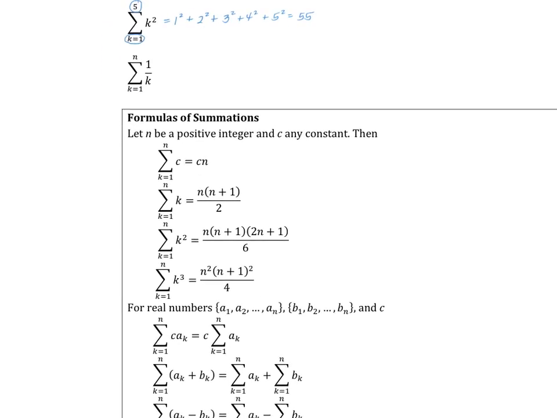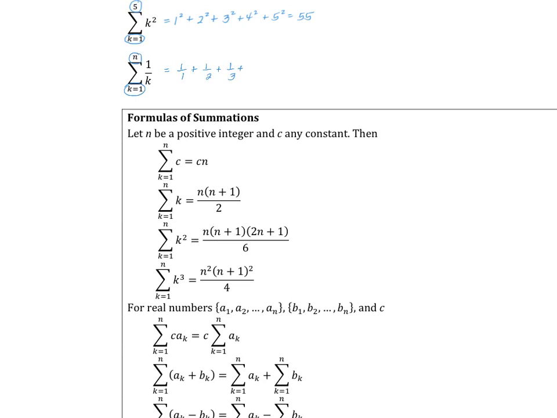Let's do one more example. I'm going to start with k equal to 1. This sum of 1 over k is going to be 1 over 1 plus 1 over 2 plus 1 over 3 plus, and now I have a problem because I'm not stopping at a specific number.